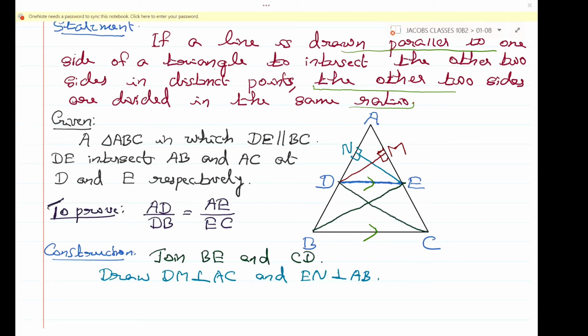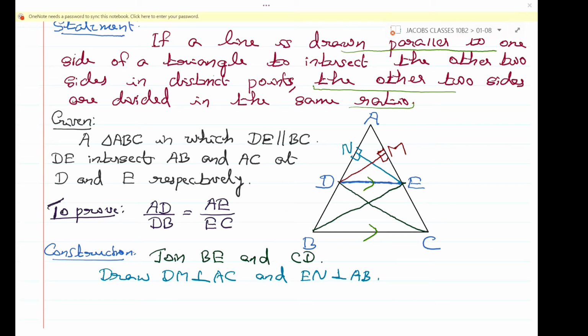First of all, we'll take triangle ADE, the topmost part, and then we will take triangle DBE. That means on the left side, two triangles we are going to take: triangle number one is ADE, and then triangle DBE. On the other side, we will take AED and ECD.